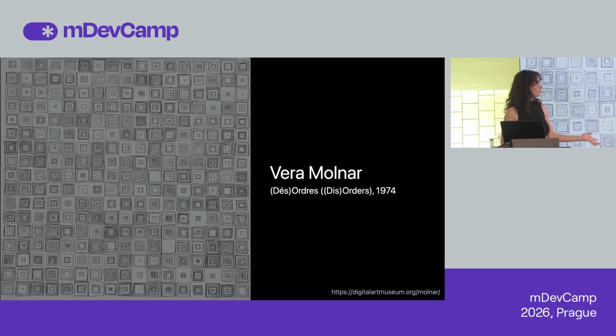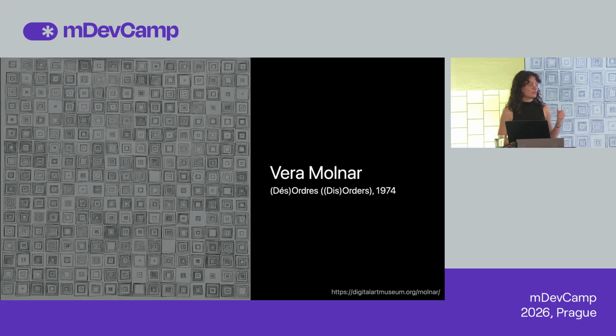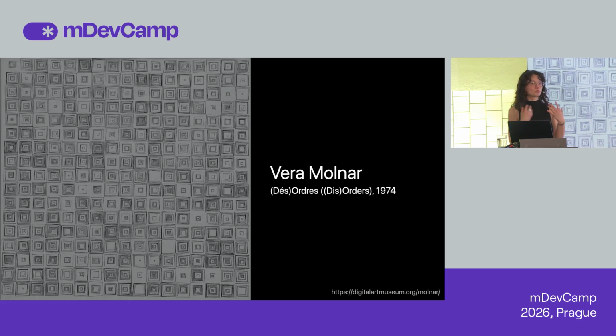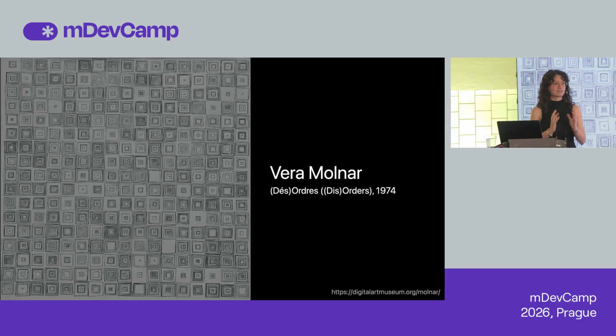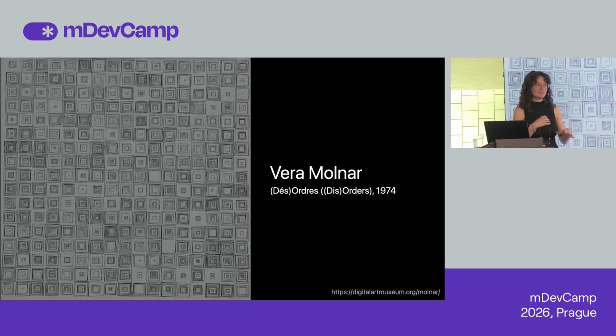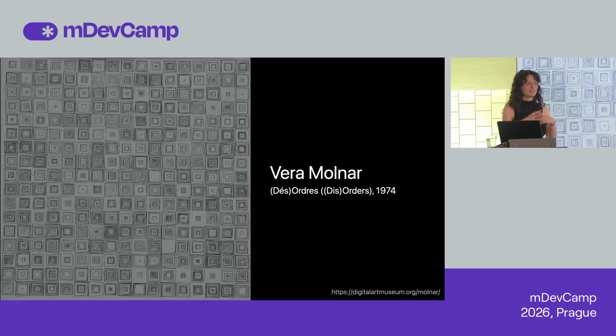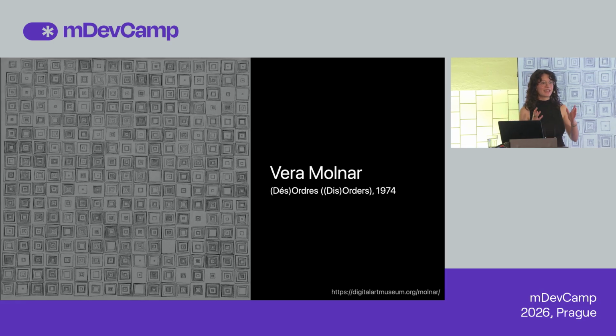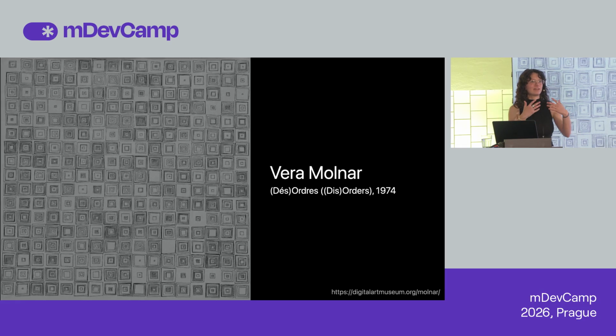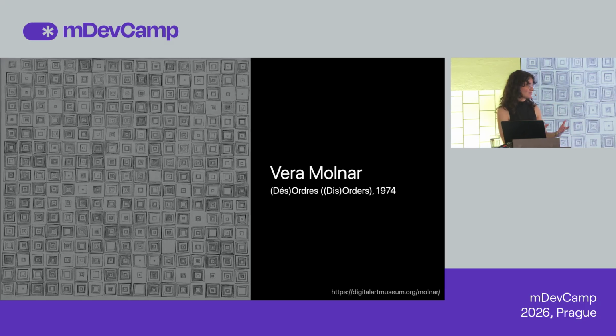And there is Vera Molnar. She's a visual artist and one of the most well-known pioneers of this concept. She was creating algorithmic art, defining the rules as a system and letting the machine create variations of it, the randomness.